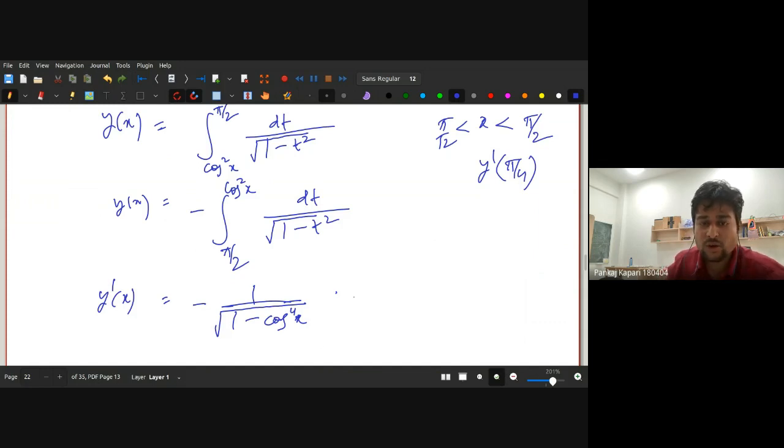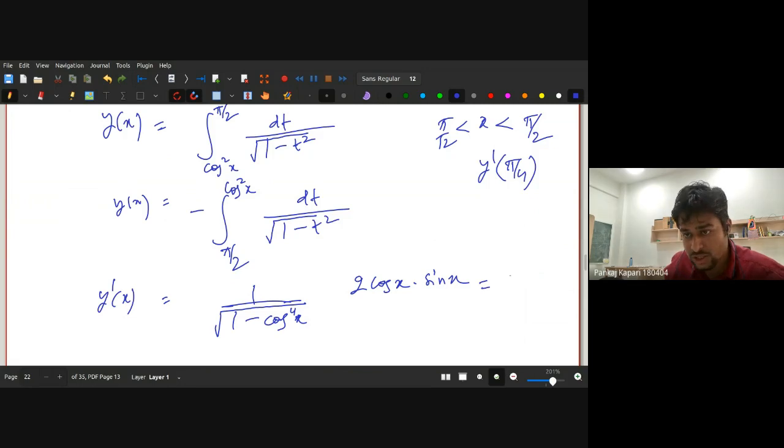You will get 2 times cos x, and then you differentiate cos x and get minus sin x. So this minus minus sign, just make it plus sign. This is our derivative.